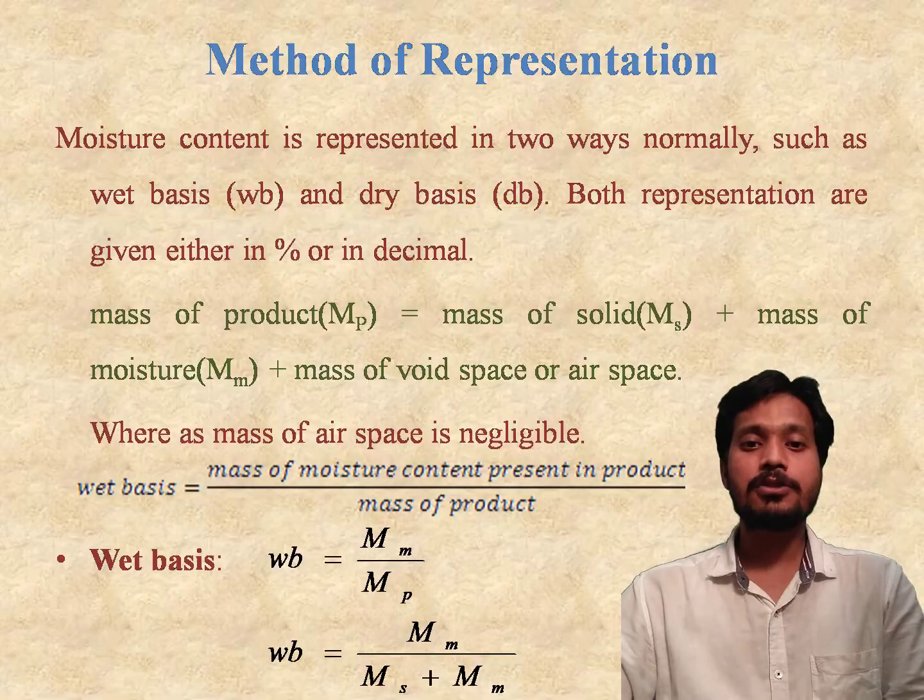Before we start this, first you must remember that the product consists of some amount of solid, some amount of moisture, and some amount of void space or air space. Take an example: if you have 100 grams of paddy, in 100 grams of paddy you have 50 grams of solid, 40 grams of moisture, and the rest is 10 grams of void space or air space.